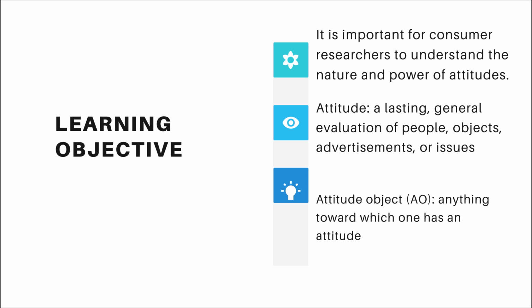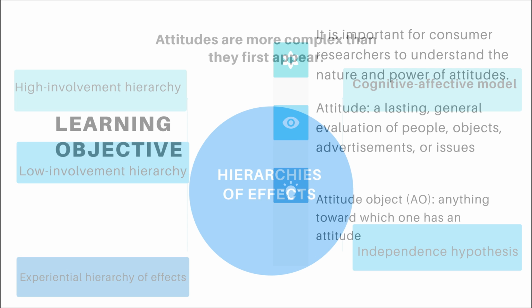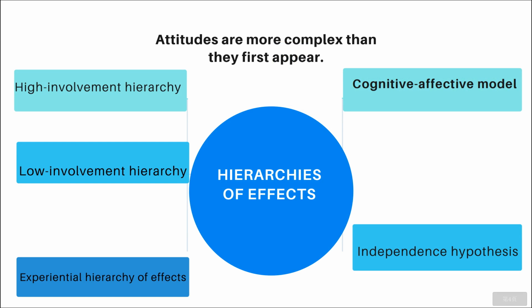And number three, the door-in-the-face technique, which means a person is first asked to do something extreme, which he refuses, then asked to do something smaller. So let's move on to the next one.